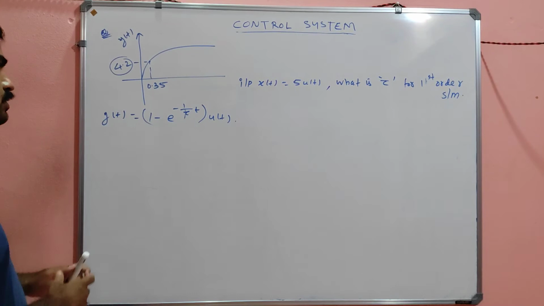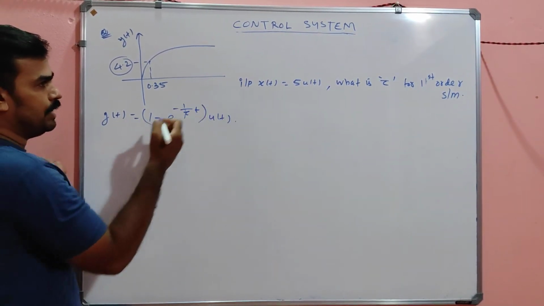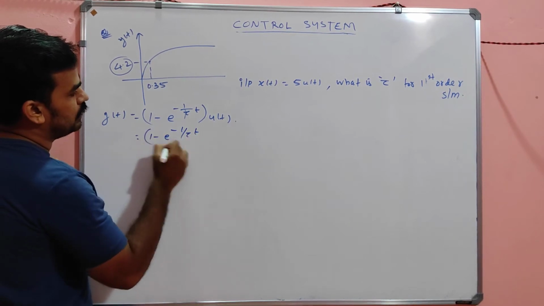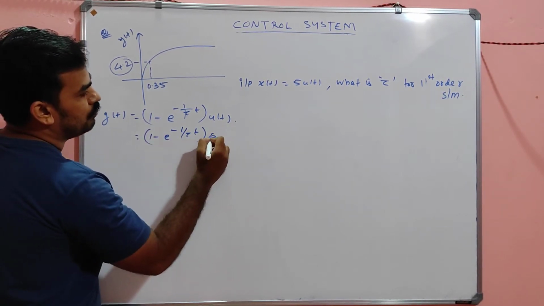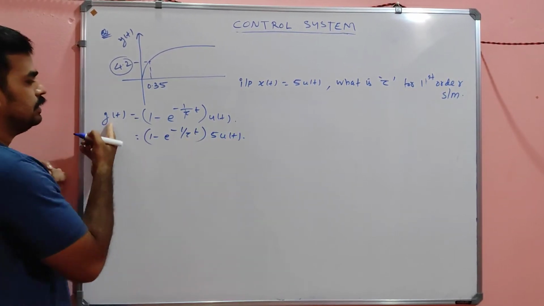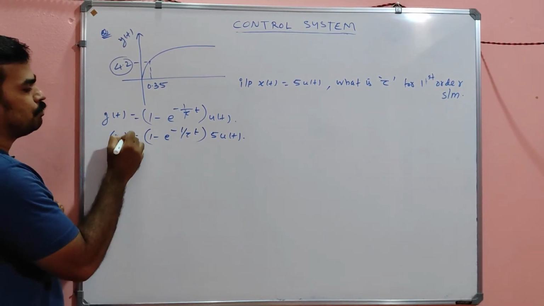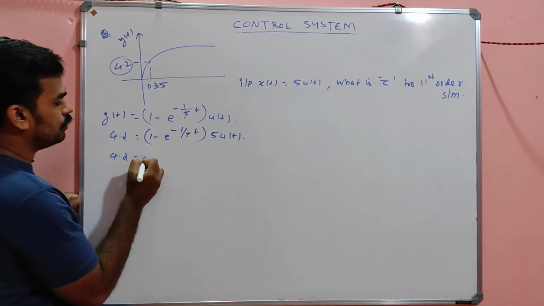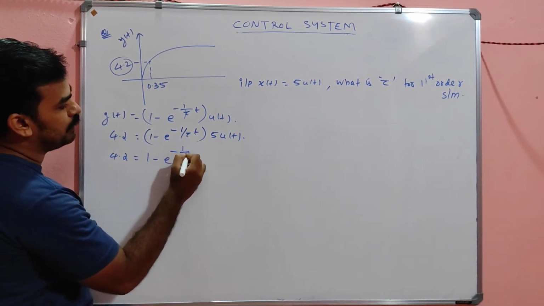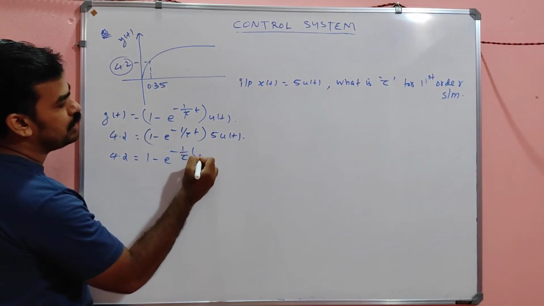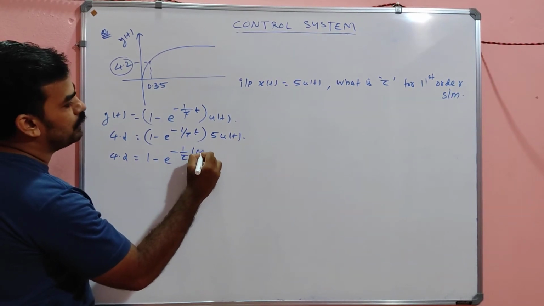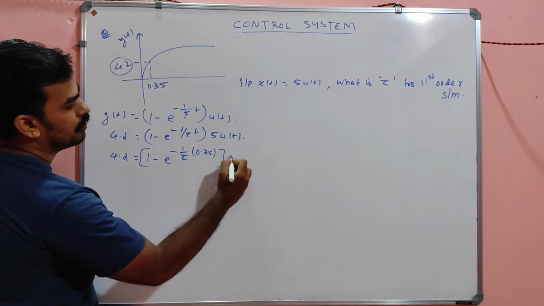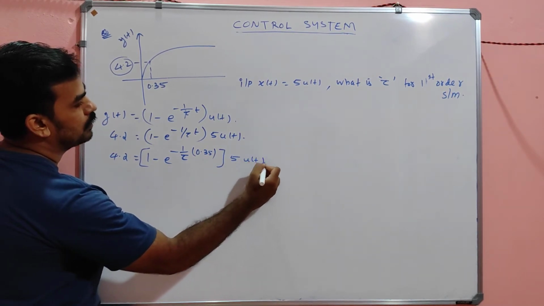That's the only difference. So for that, 5 into u of t will become 1 minus e raised to minus 1 by tau into t. This y of t is given, my dear, it is 4.2. So I can write 4.2 will be equal to 5 times 1 minus e raised to minus 1 by tau into t, where t is 0.35.